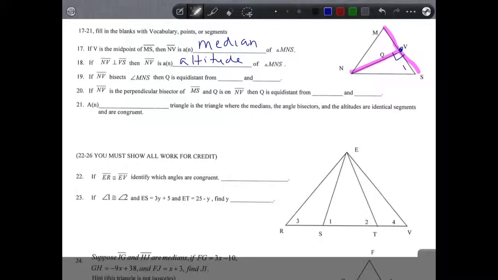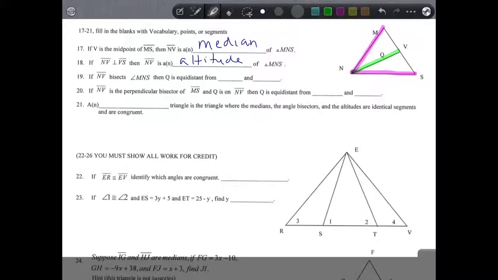If segment NV bisects angle MNS, so highlight that angle, MNS. We're talking about this angle here, or that segment bisecting that purple angle.